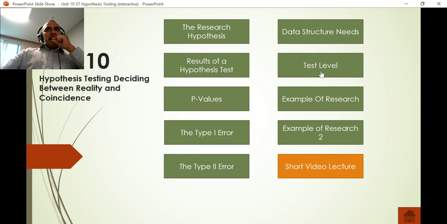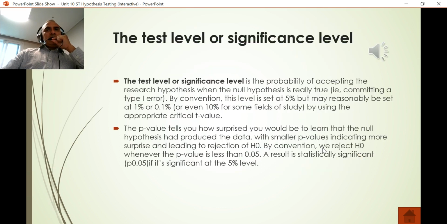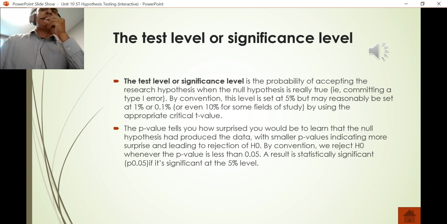Now, in this case, we have, as I mentioned earlier, the test level or significance level. In this case, we have the p-value or the critical t-value, which we may measure at 5%, which is the most reasonable one. By convention, the level is set at 5%. It can be set at 1% sometimes to make it very, very strict.